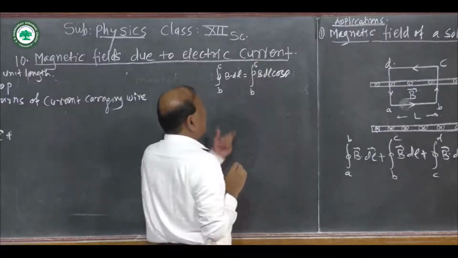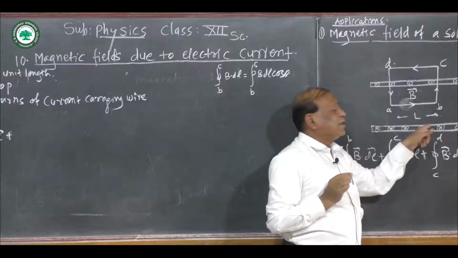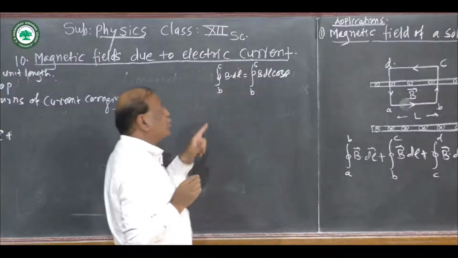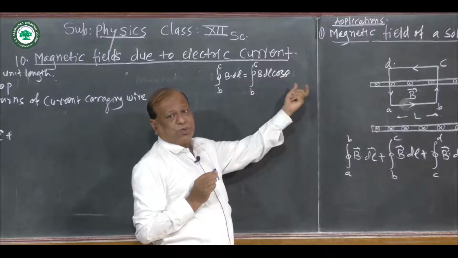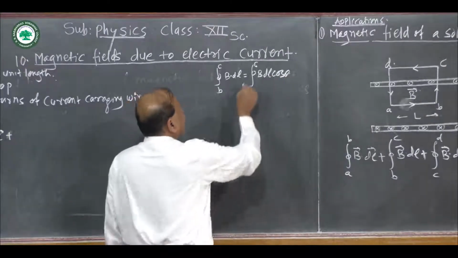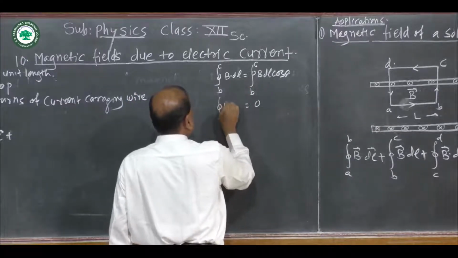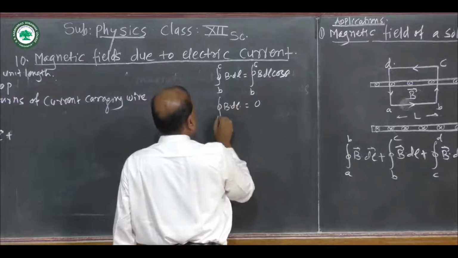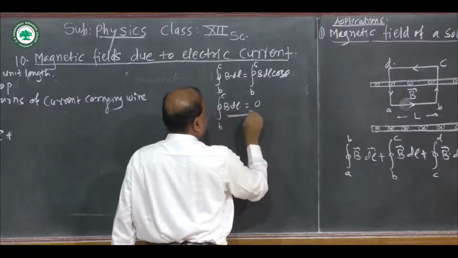B and dl are perpendicular, that is theta is equal to 90 and cos 90 is equal to 0, and therefore this term is completely 0. B dot dl from B to C is equal to 0.